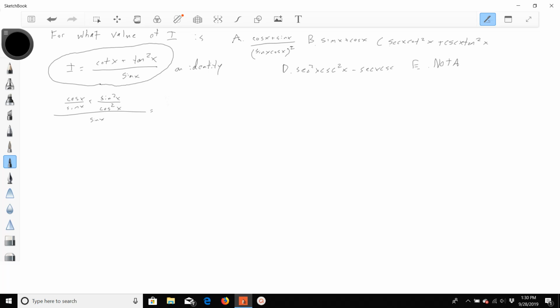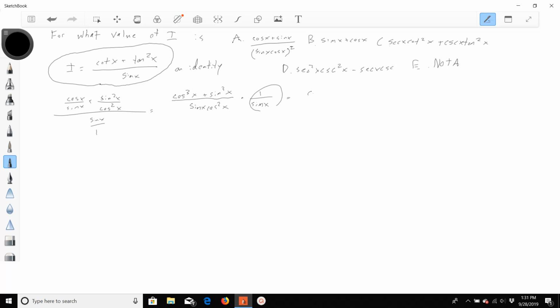Anyways, now I'm going to make this numerator into the lowest common denominator, so I'm going to get cosine cubed x plus sine cubed x over sine x cosine squared x, times 1 over sine of x, because we were dividing by sine of x over 1, which is the same thing as multiplying by the reciprocal.